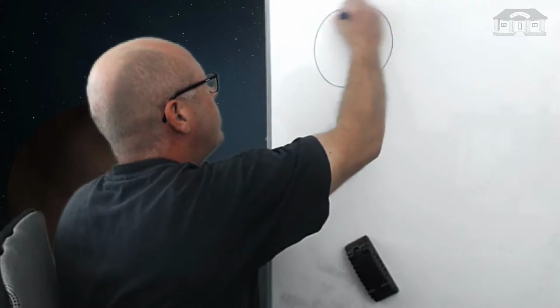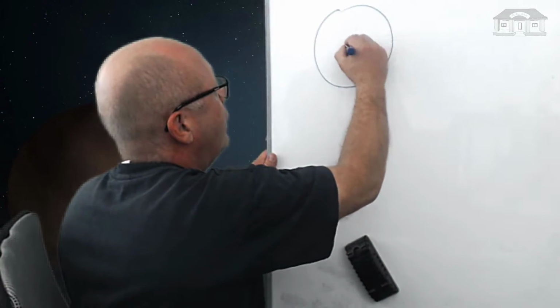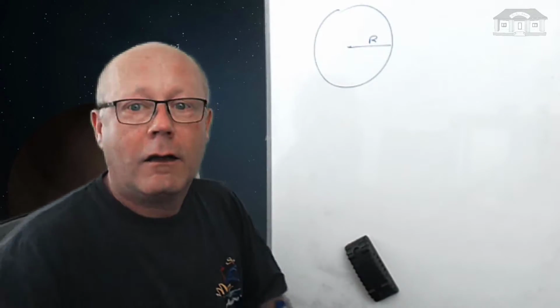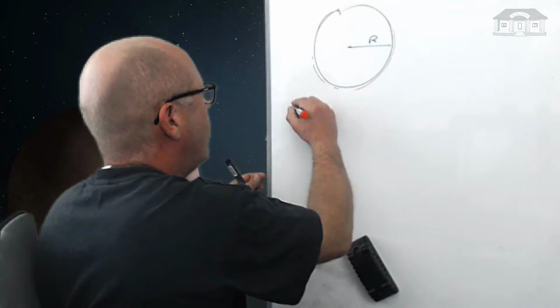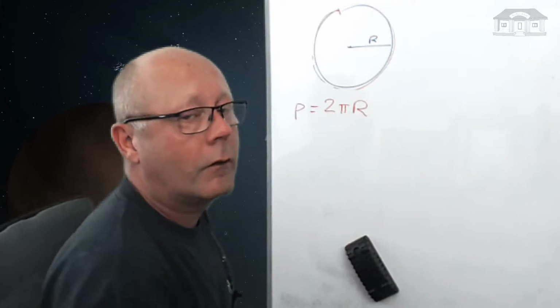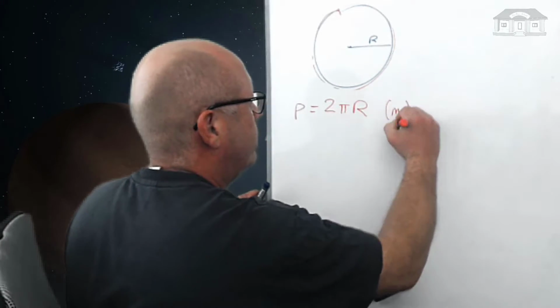If I have a circle with a radius r, the perimeter, which will be the length, will be 2 pi r, right? So that's in meters, it's a length.